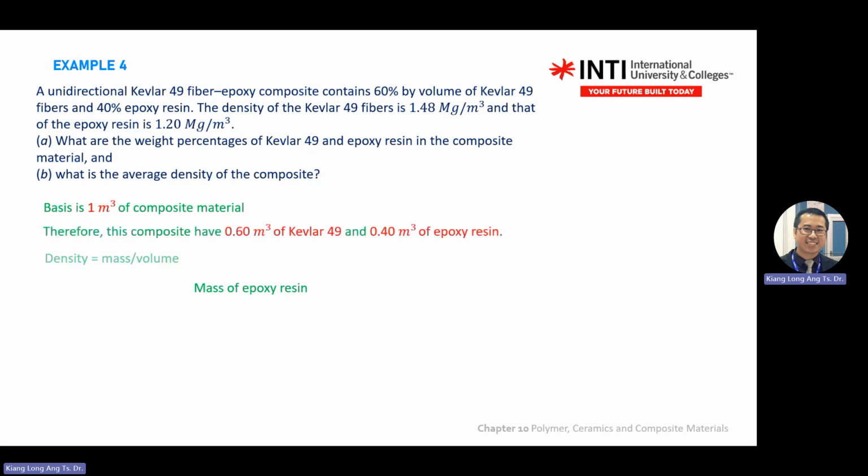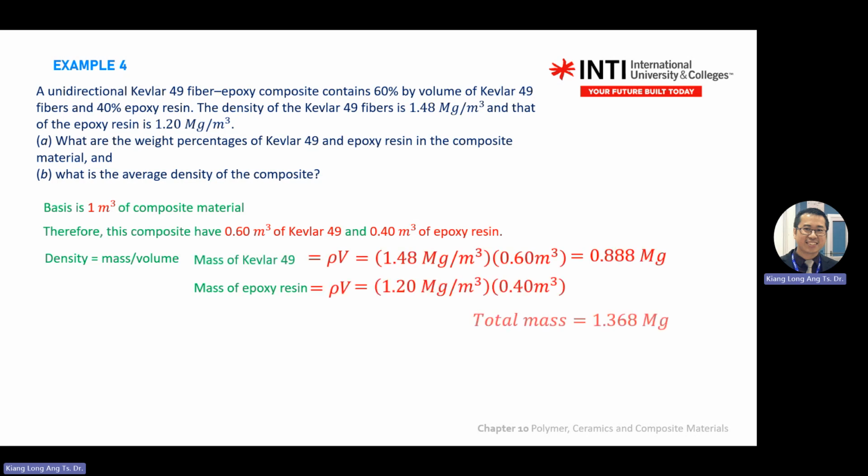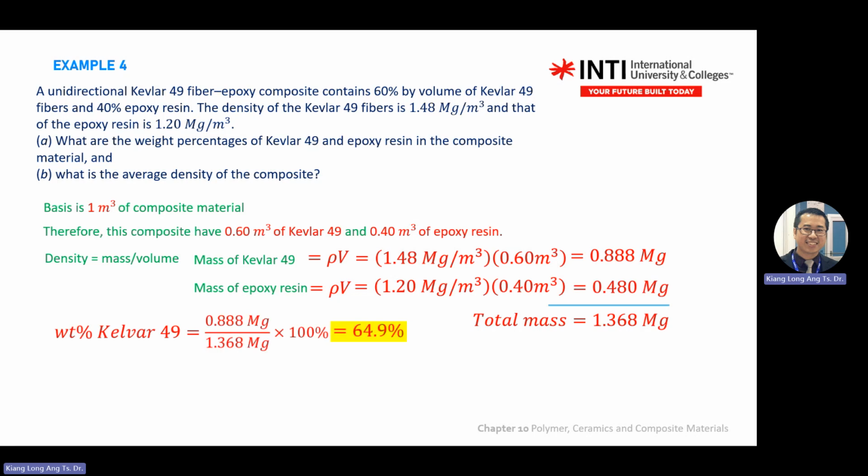The first one I go very fast, but you should be able to get the answer. Total mass is 1.368 megagram. Of course, you can put it in kilogram if you want. So the weight percentage is 64.9%, again 3 significant figures.